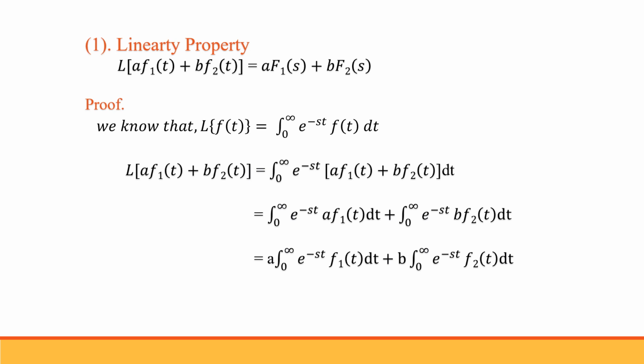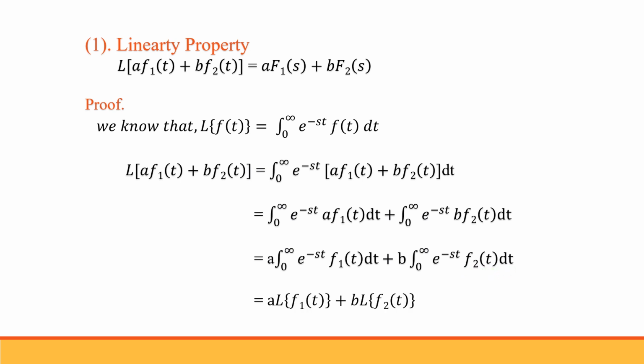Now as a and b are constants, we can take them out of the integral and write as a integral 0 to infinity e raised to the power minus st f1(t) dt plus b integral 0 to infinity e raised to the power minus st f2(t) dt.